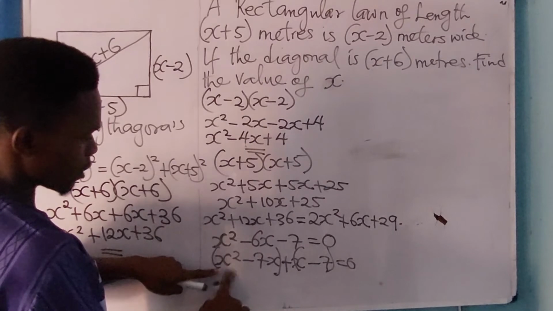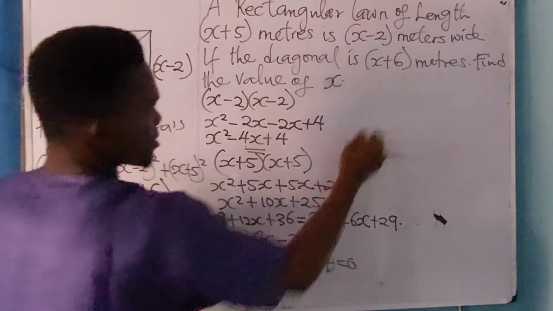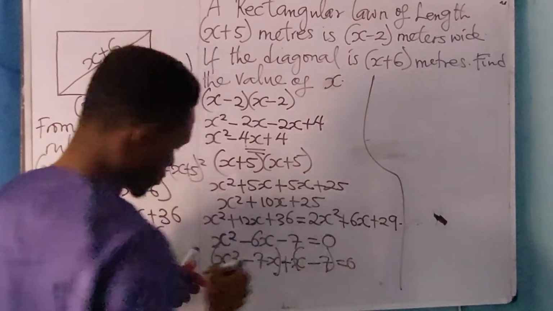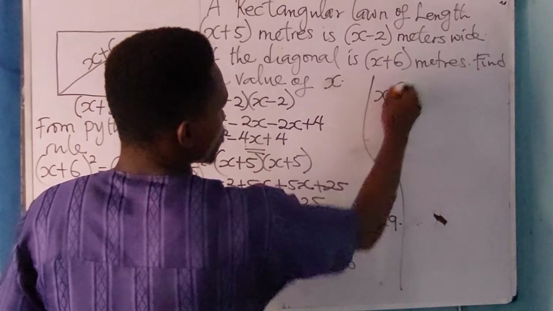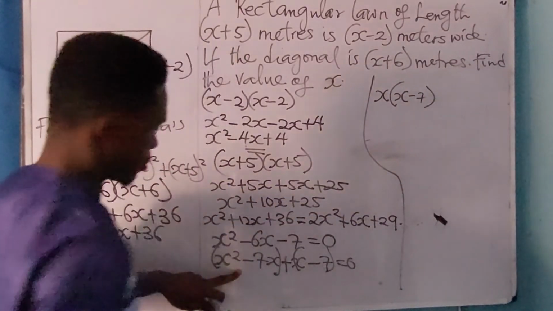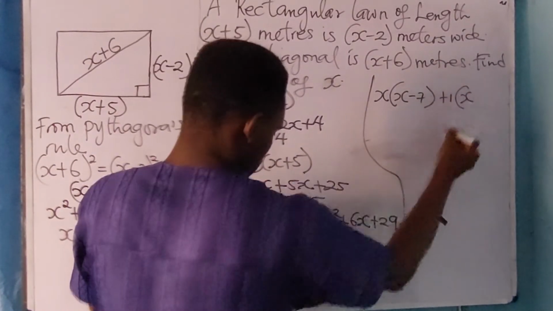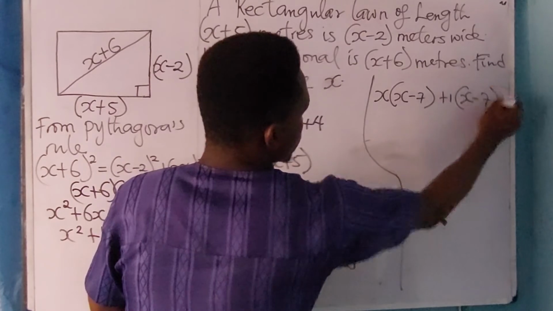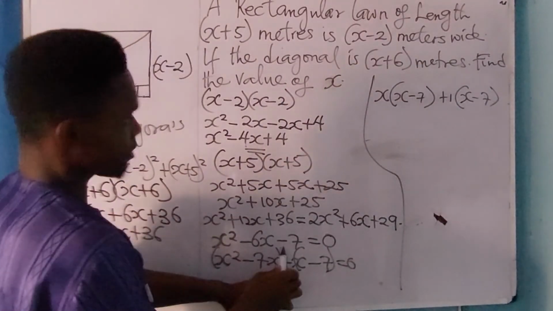Now, since we have x squared minus 7x plus x minus 7, bring out 1x. It becomes x open brackets x minus 7, then plus 1 open brackets x minus 7, because plus times minus is minus and you have minus 7.